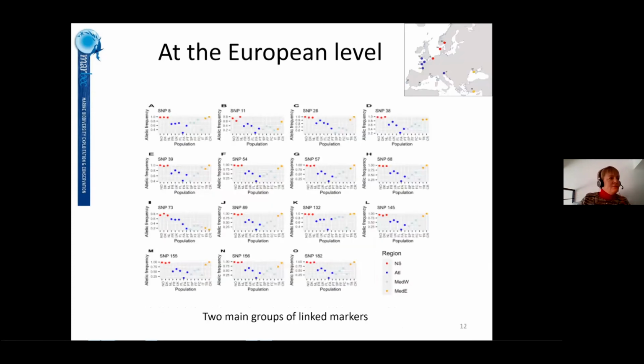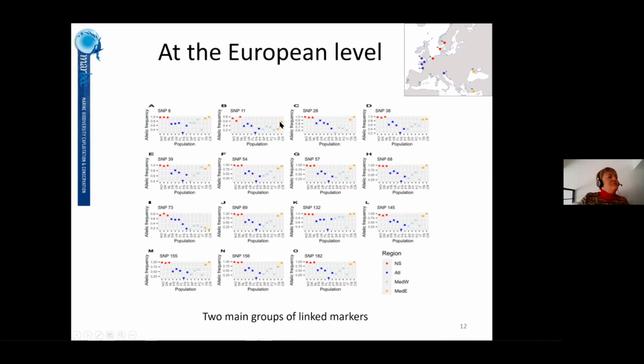So if we look at the allelic frequency of those linked markers in the different populations, here again you have the color code from red Norway to Black Sea. You can see that for this group, for each SNP, you have a high frequency in the North Sea and in the Black Sea and East Mediterranean.